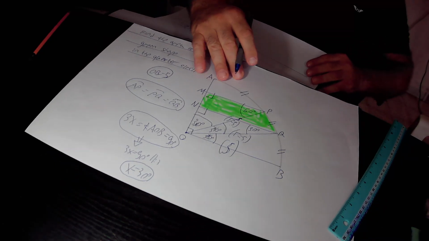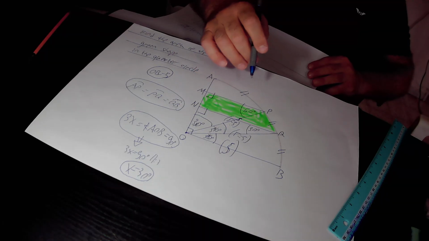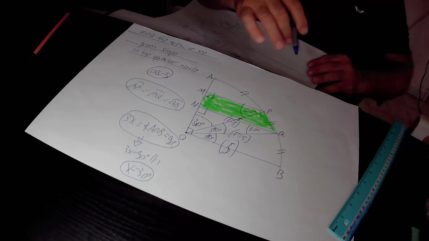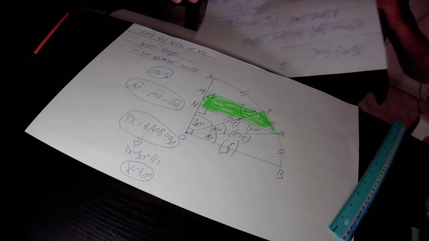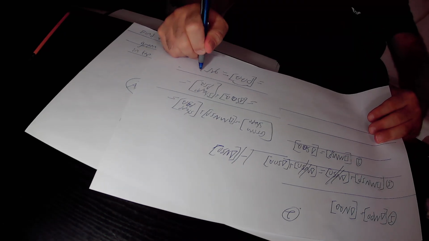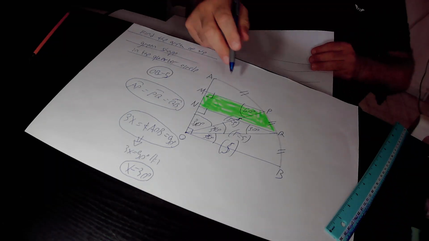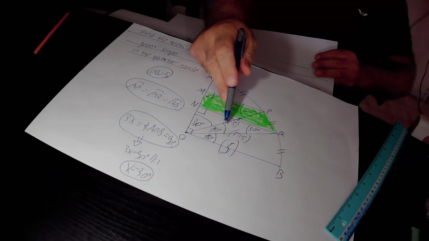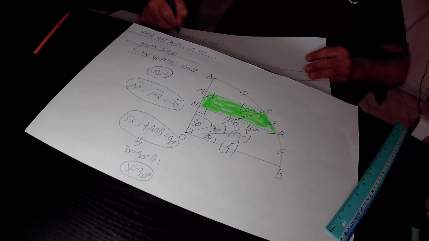The area of the sector PQO is equal to the area of the circle that contains the sector, that is to say pi r squared, times the angle between the legs of the sector, that is 30 degrees, over 360 degrees.